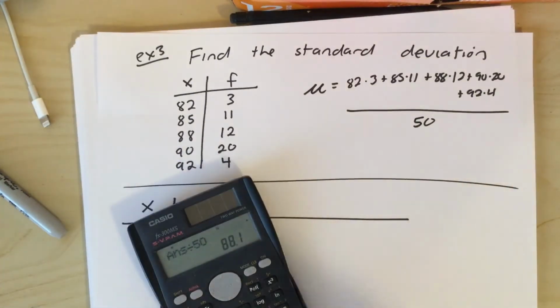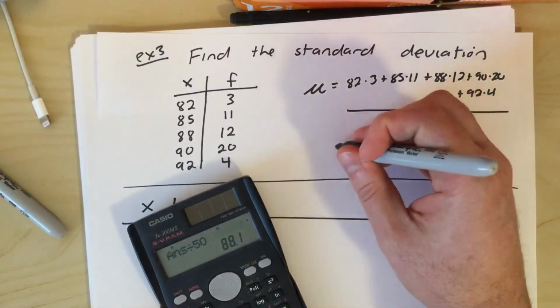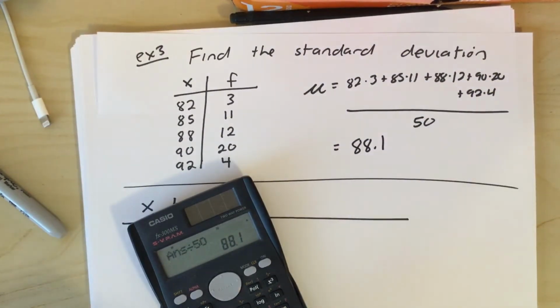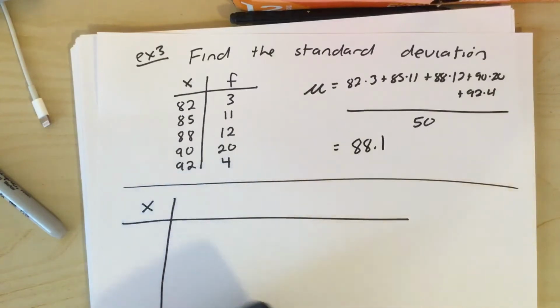So we have a mean of 88.1, and our n is 50, as we pointed out.